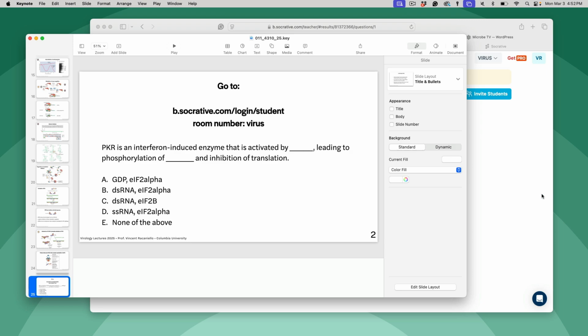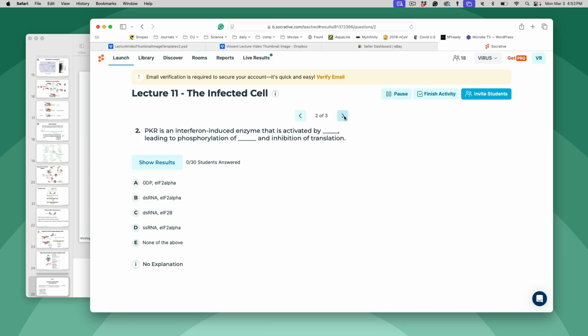All right, next question. PKR is an interferon-induced enzyme that is activated by something leading to phosphorylation of something else and inhibition of translation. So GDP, EIF2 alpha; double-stranded RNA, EIF2 alpha; double-stranded RNA, EIF2B; single-stranded RNA, EIF2 alpha; or none of the above.